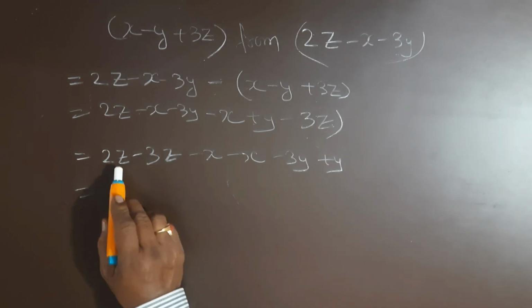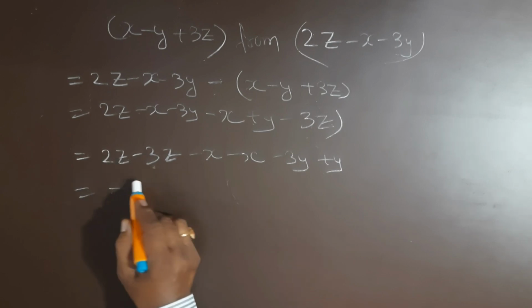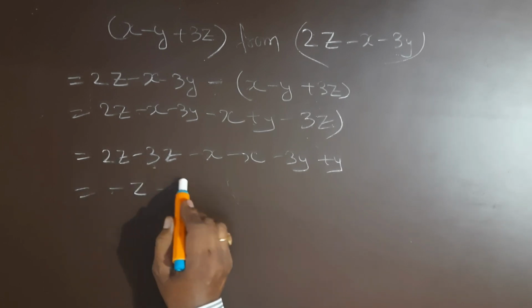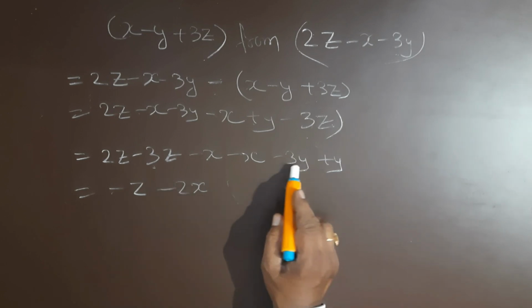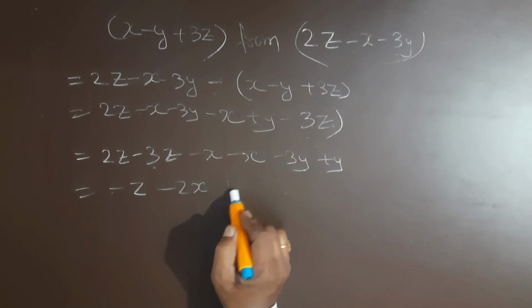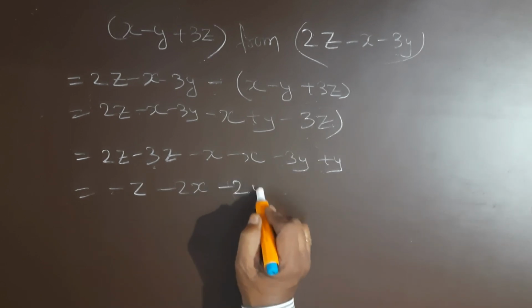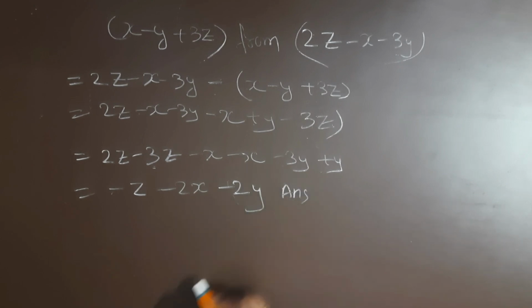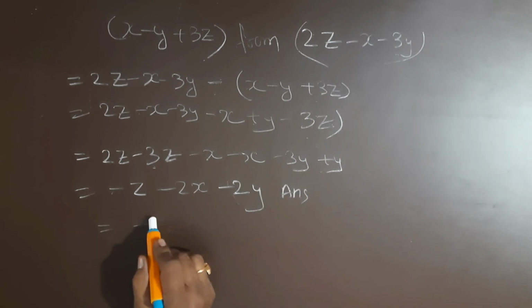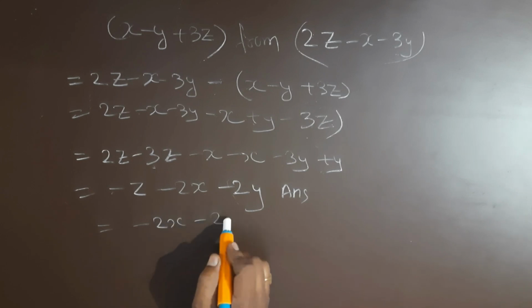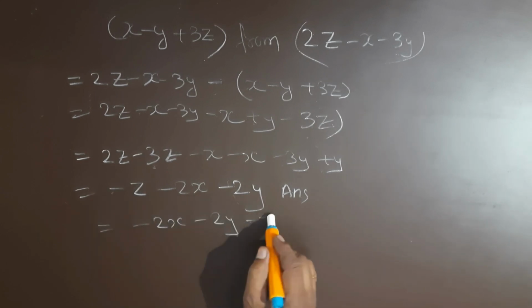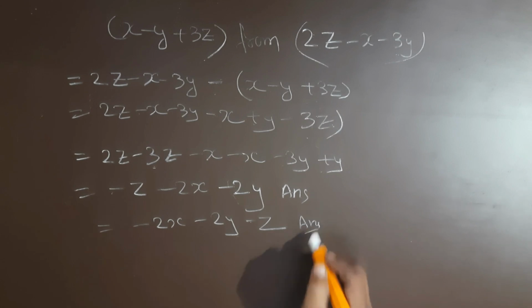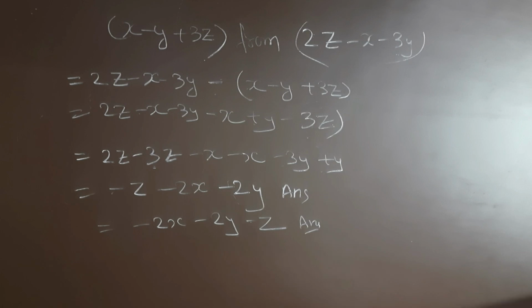Now what happened here? 3 minus 2 is minus z, minus 2x, plus minus minus, minus 2y. Answer. Or you can write minus 2x, minus 2y and minus z. Answer. Okay. So copy this one.